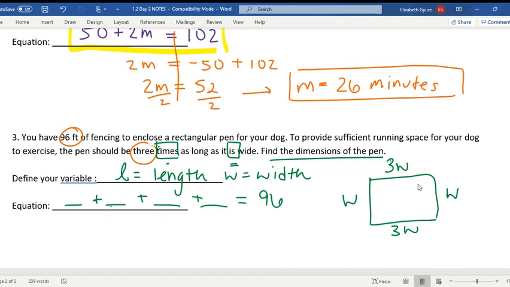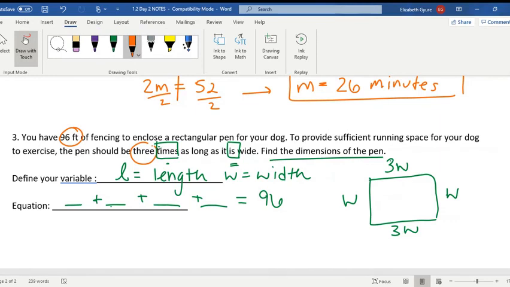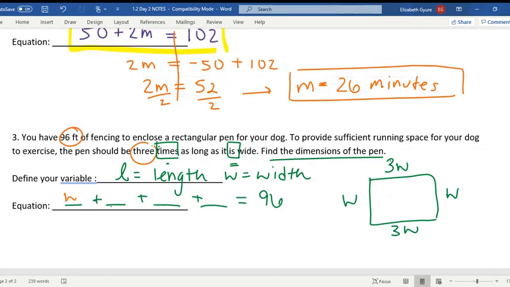Don't we have 4 different sides we could fill them in with? Yeah. So I'm going to take those and fill those in my blanks. It doesn't matter what order you go in. I'm just going to go around the side. So W plus 3W. I'm just going my way around. W, 3W. What should I plug in next? W and then 3W.